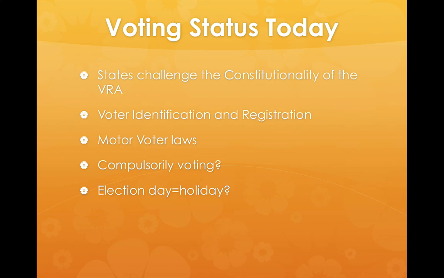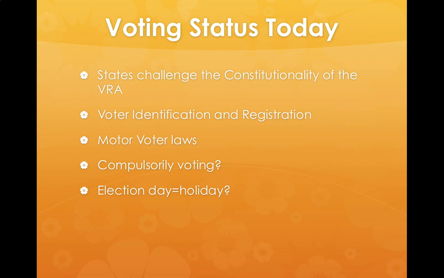There have also, in recent history, been a lot of questions over voter identification and voter registration, where a lot of states want you to bring in some sort of state-issued identification to vote, to basically verify who you are. And that makes a lot of sense. You want to make sure that people aren't double voting or there's not voter fraud going on.